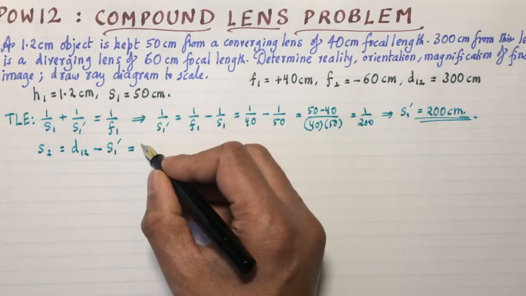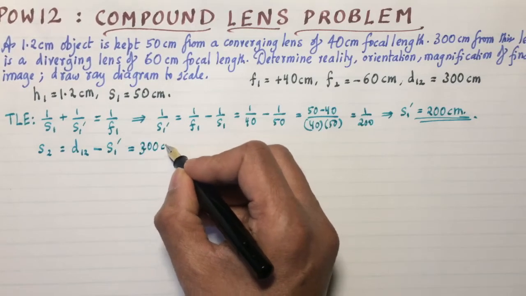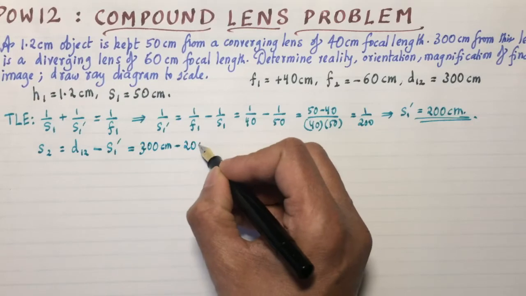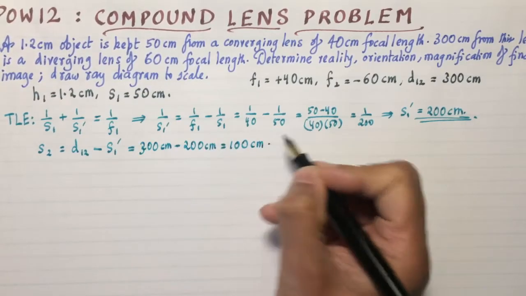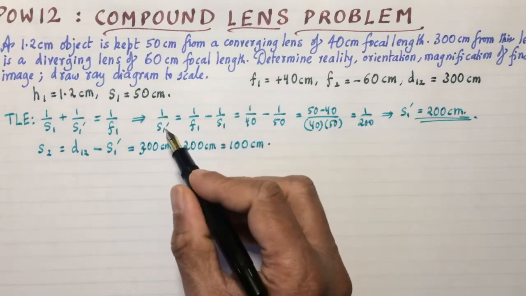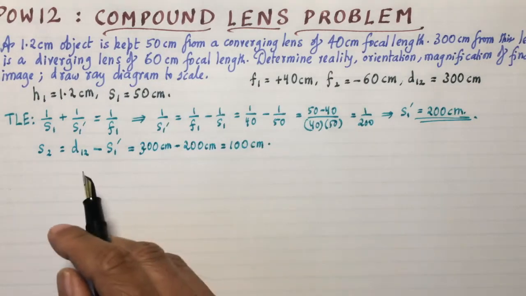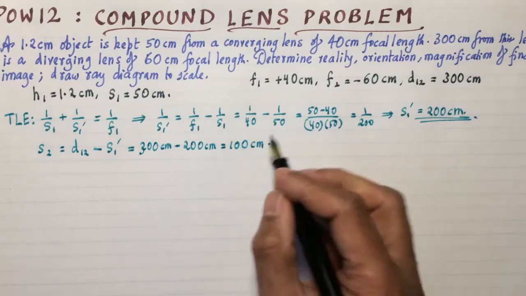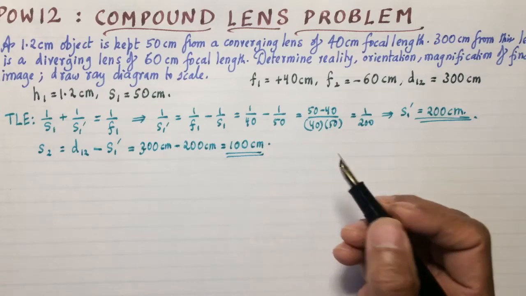And so that's going to be, sorry, 300 minus 200 centimeters, or 100 centimeters. Now the image formed by the first lens will function as the object for the second lens, and that object distance is 100 centimeters.